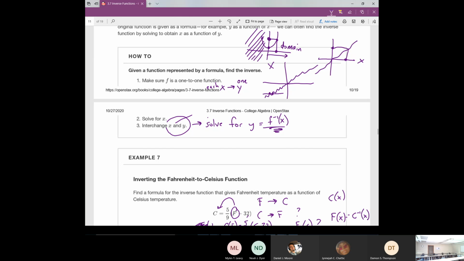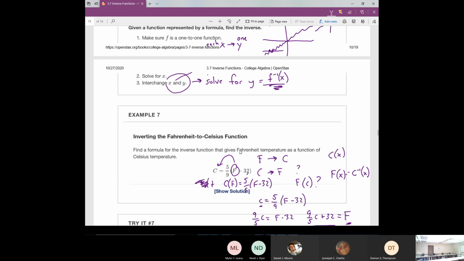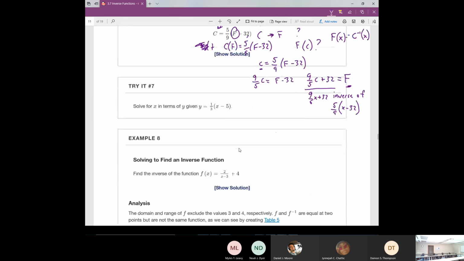So when someone gives you a problem, we can actually find out if it's one-to-one by just trying to solve it in terms of x and y. So for this one, solve for x in terms of y. I want to get y by itself. Let's multiply both sides by 3.